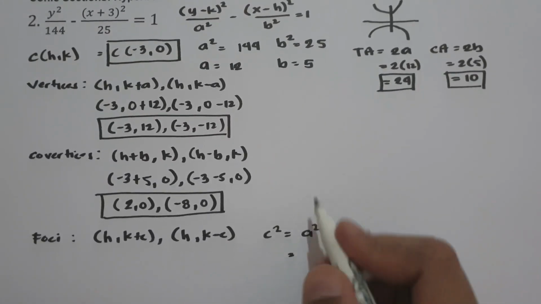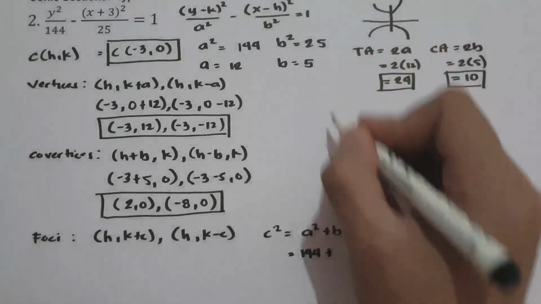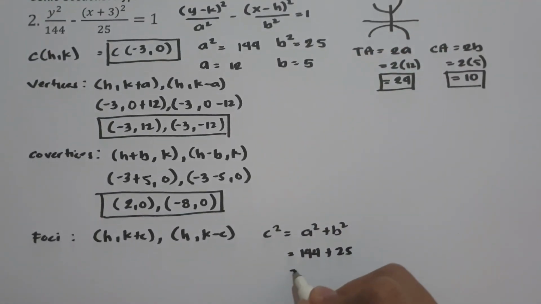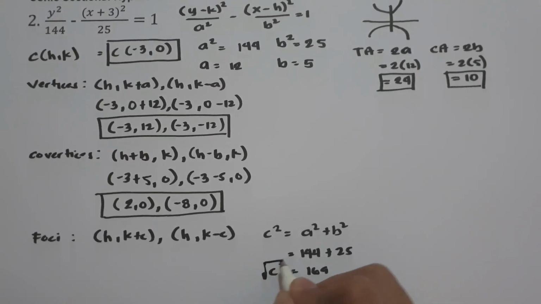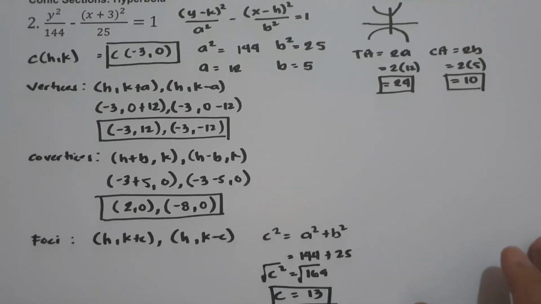The value of a squared, that is 144, plus b squared, that is 25. 144 plus 25, that is 169. So to find the value of c, let us take the square root of both sides. The square root of 169, that is 13. So this will be the value of c.